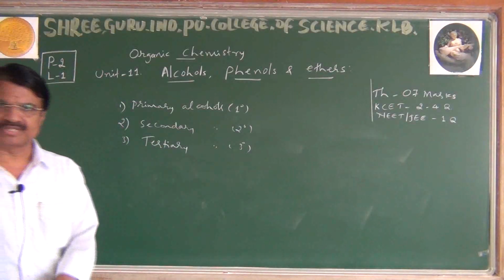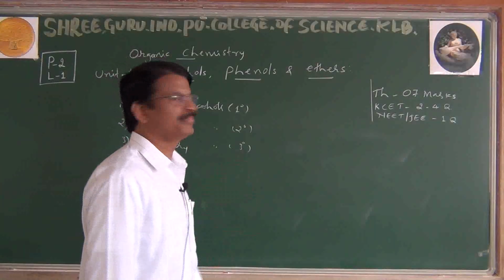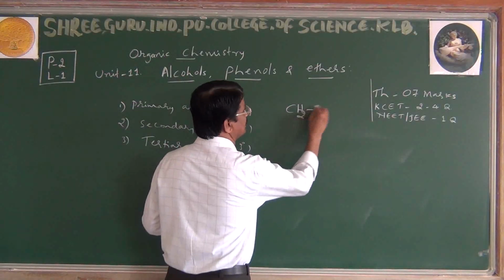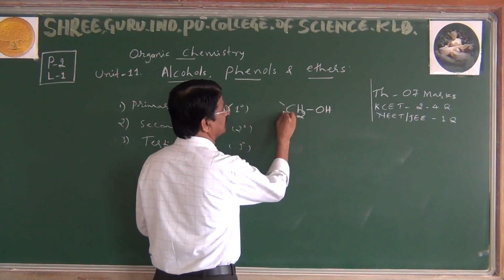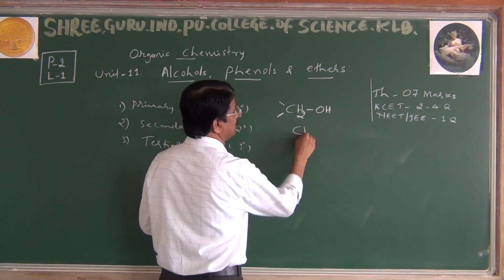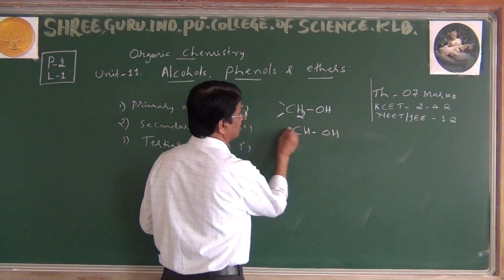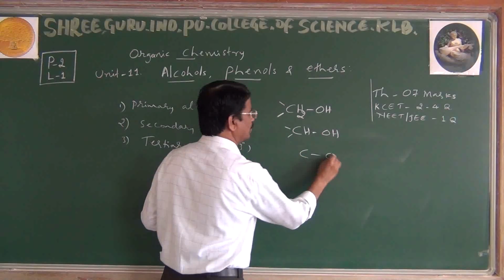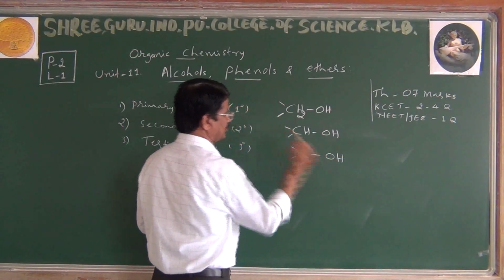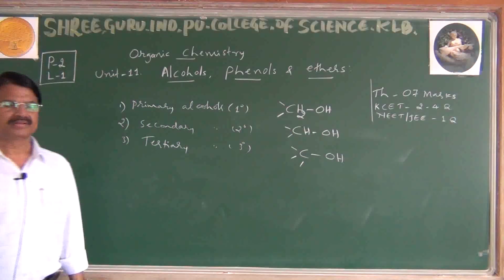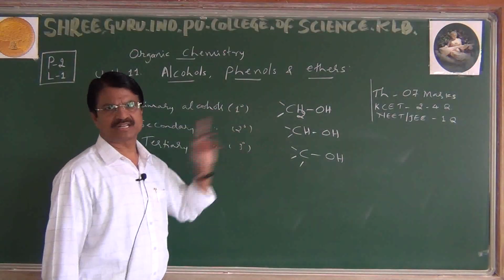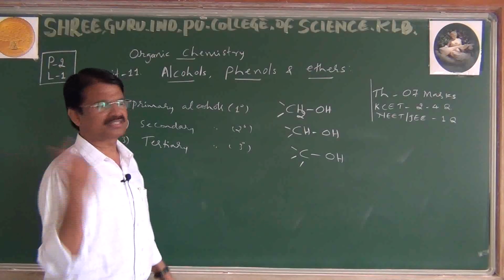See the functional group of primary: CH2OH, secondary: CHOH, tertiary: COH. Functional group of primary alcohol, secondary alcohol, tertiary alcohol. And make it a general structure, general formulas.